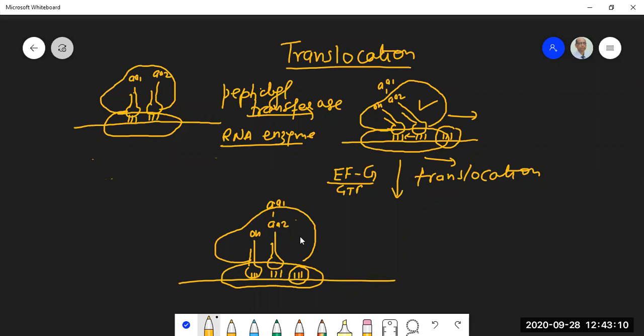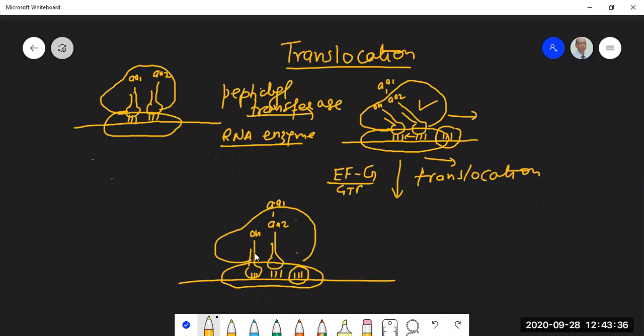A site to P site in two steps. In the first step, its interaction in the large subunit changes. It moves from A site to P site in the large subunit, and in the subsequent step, it moves from A site to P site in the small subunit. So in two steps, the entire tRNA shifts from the A site to the P site.